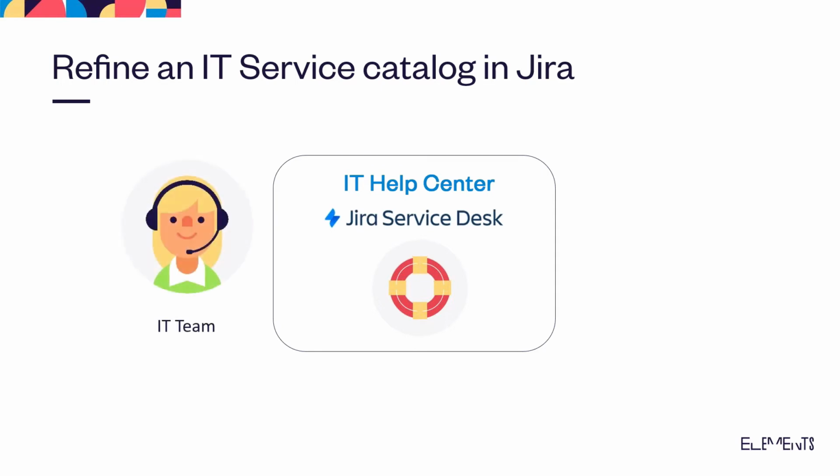So we have the IT team on one side dealing with all the IT requests, and we also have on the other side the dev team, developers, as the main internal customers of this IT help desk. So the goal here is really to simplify the IT team's work and to provide developers with a list of all the available IT services when they make their request. And for that, we are going to use InSync, Profields, and Elements Connect.